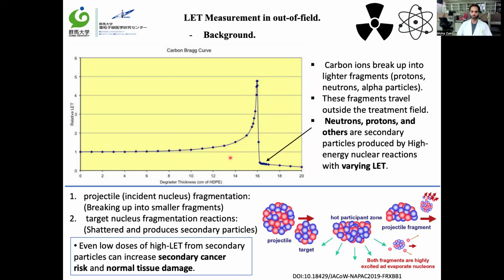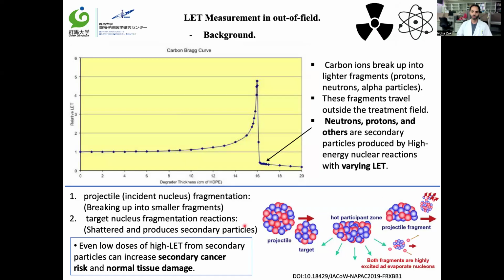There are two processes that lead these secondary particles outside the primary field. We call this the fragmentation tail. In the first, the projectile collides with the nucleus and starts to break up into smaller fragments and produce secondary particles.